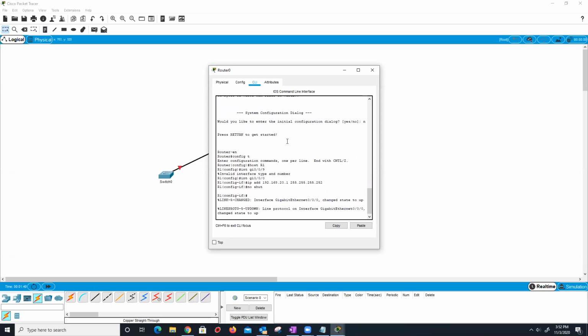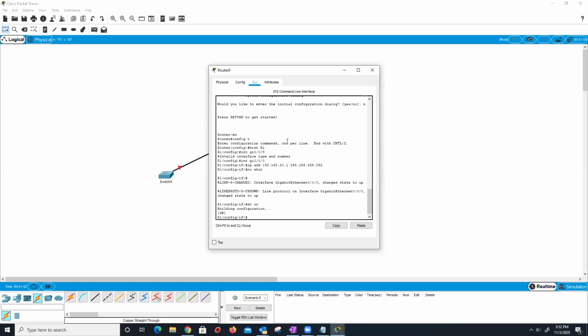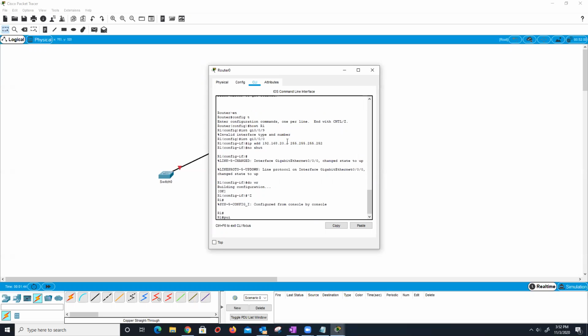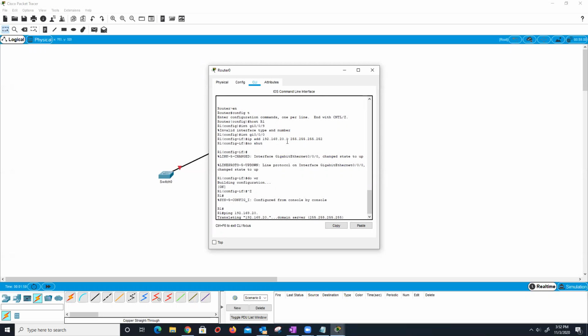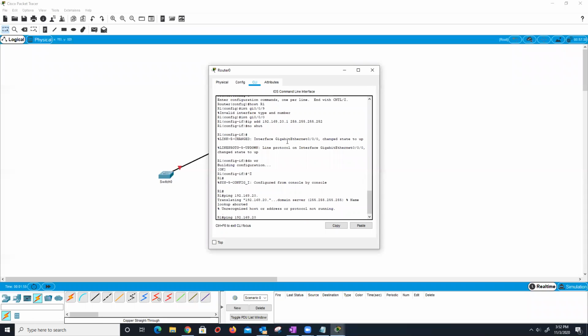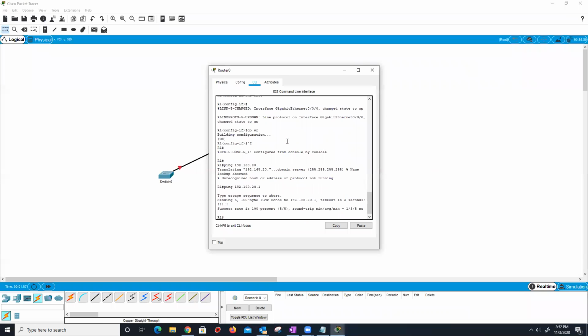No shut, and we should be able to do write. Control Z, and we should be able to ping from R1 to R2. Oops, if you forget to put the other IP address in, you don't get a reply. There it goes. So we got pingage between R1 and R2.